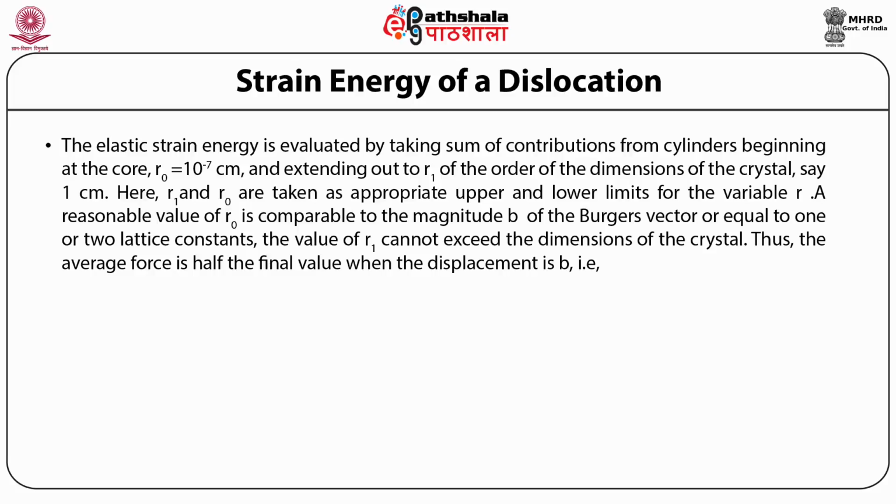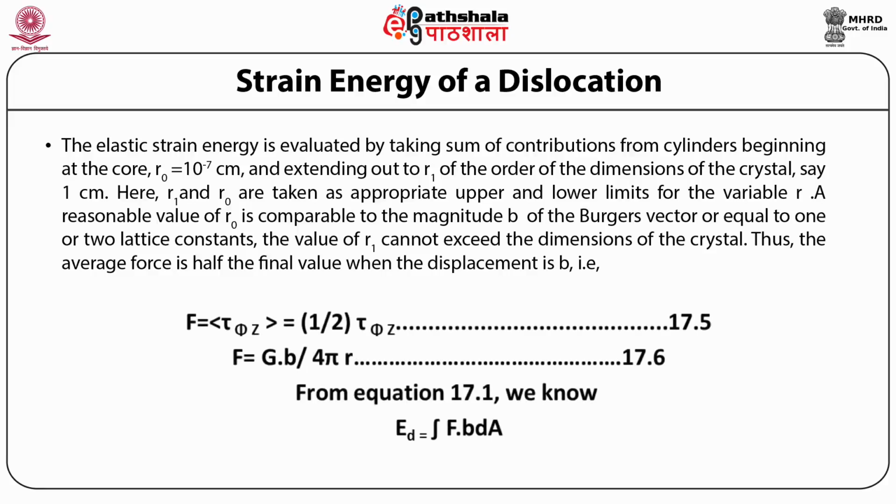Thus, the average force is half the final value when the displacement is b, that is, F equal to average tau phi z equal to 1 over 2 tau phi z, given here as equation 17.5.